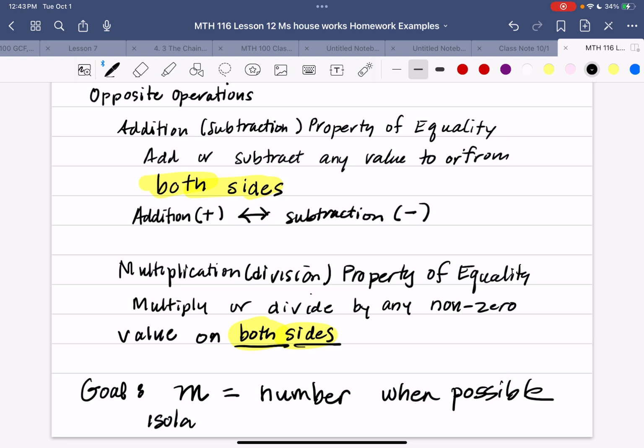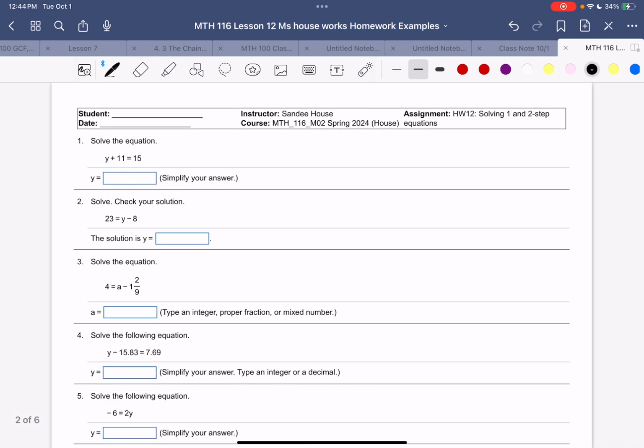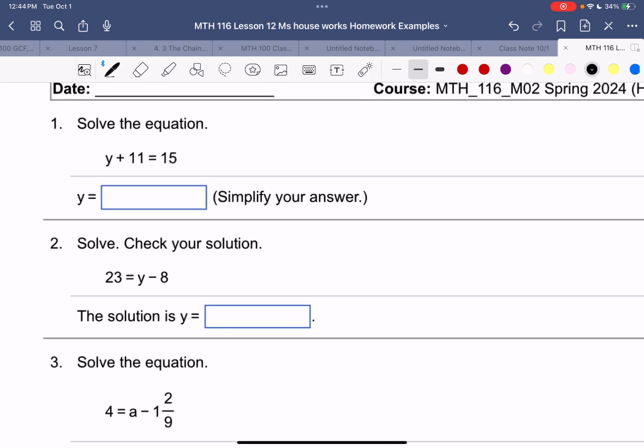And I put an M, but it could be an X or a T or an S. It could be any variable. And remember, that means that this number in front, called the coefficient, has to be a 1. So you can't have a negative there. You can't have a 2 or a negative a half or anything. It has to be the variable by itself with a positive 1 coefficient. So let's do some examples. And these are the 1 steps.